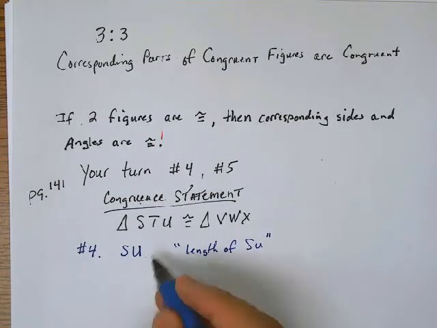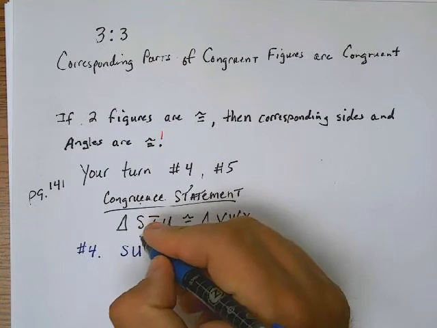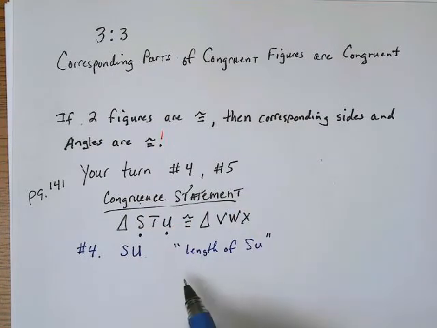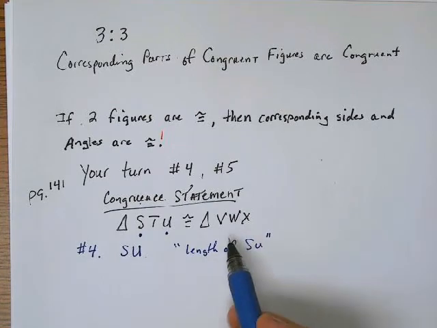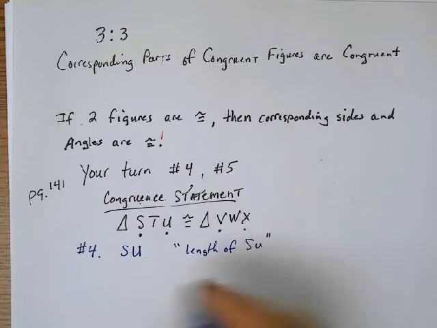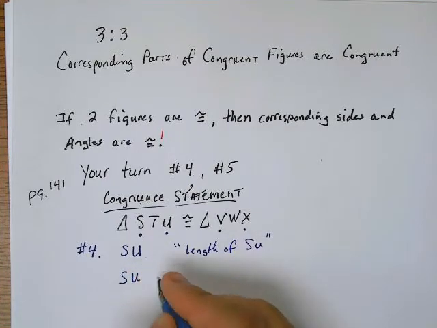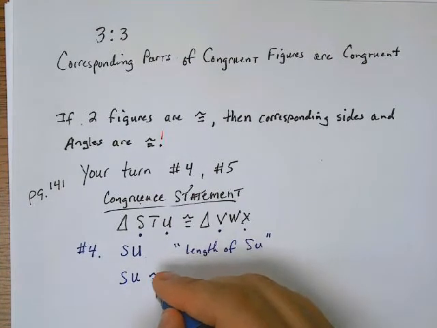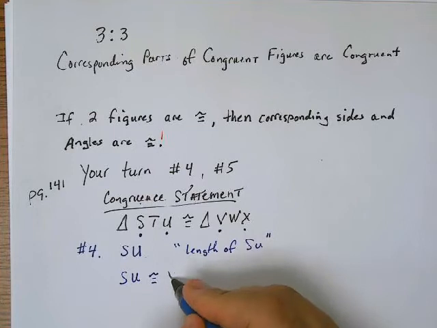Now, just looking at the congruent statement, Nicholas, if SU are those two, what's the corresponding side in this triangle? Very good. So I know, just by not even looking at the pictures, I don't even have to look at the triangles. I know just by the congruent statement that SU is congruent to the X.